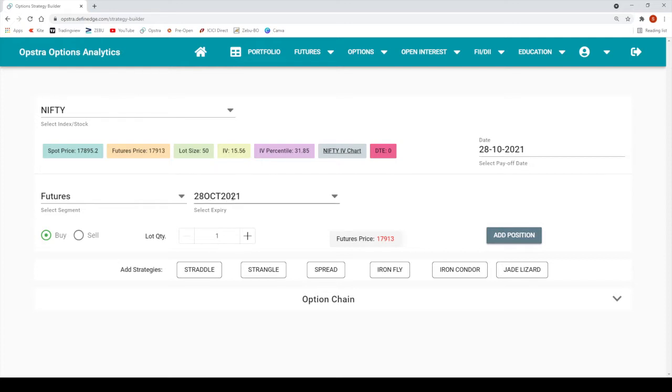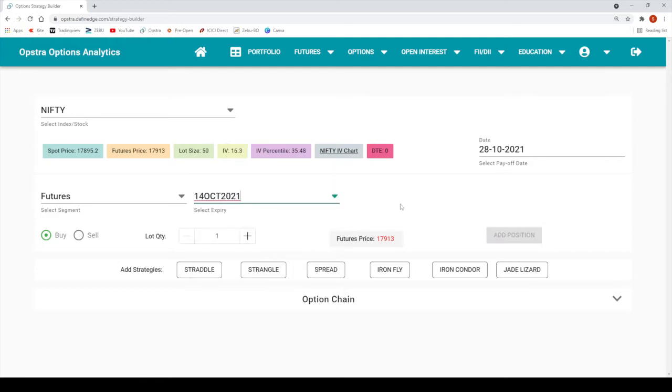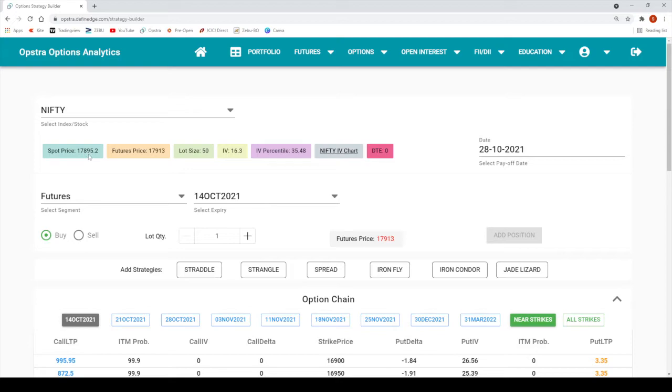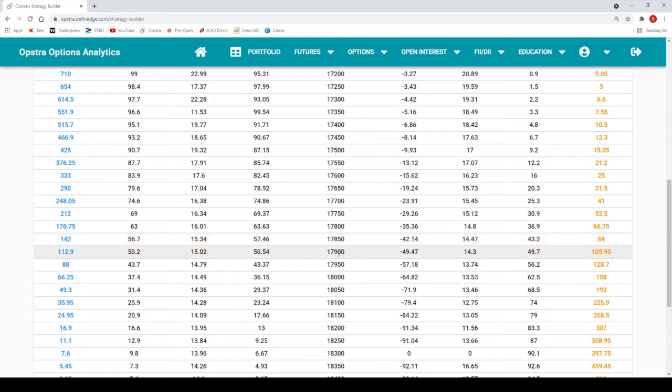First, we are going to sell a call and put from the current expiry. We are going to sell out of the money call and put. Okay, so what is the current price? 17,895, about 17,900. In today's strategy, I am going to sell out of the money call and put. First we will select the put option, with a premium around 25 to 30.